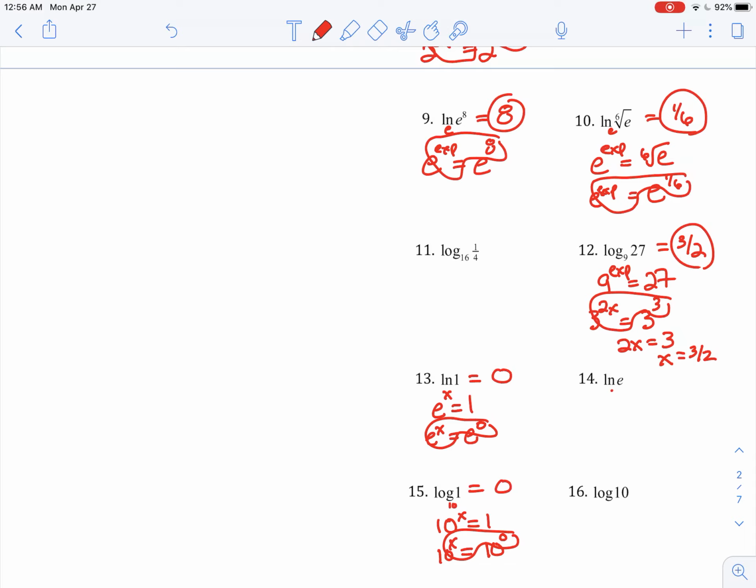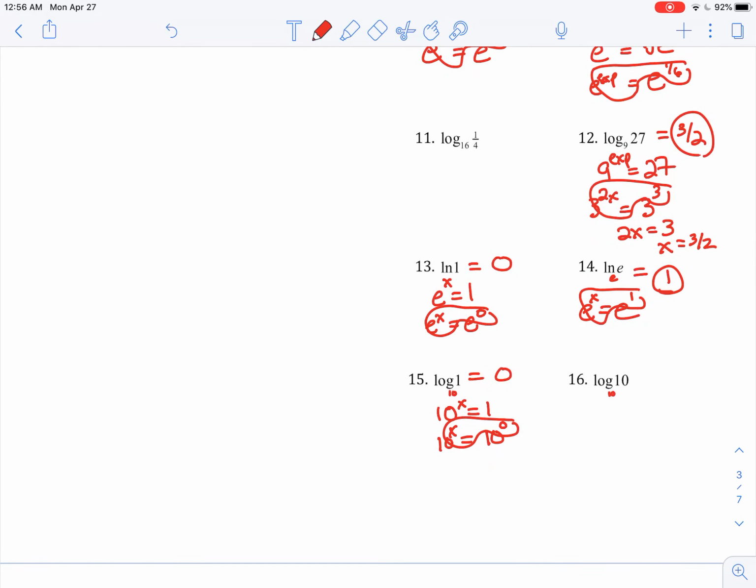On 14, the natural log of e. Well, with natural log, base e is implied. So e raised to what exponent gives you e? And on the right, we have an exponent of 1 that is implied. And if our bases are the same, our exponents are equal, the natural log of e is just 1.